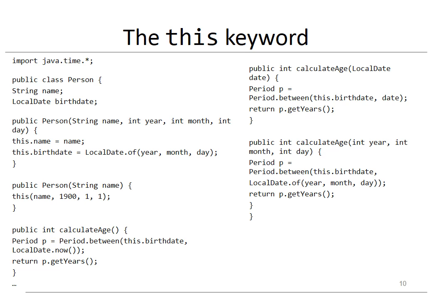The second constructor only uses the name as its input argument. The this keyword is then used to call the first constructor with the name specified and the year set to 1900, month to 1, or January, and day to 1 as well.